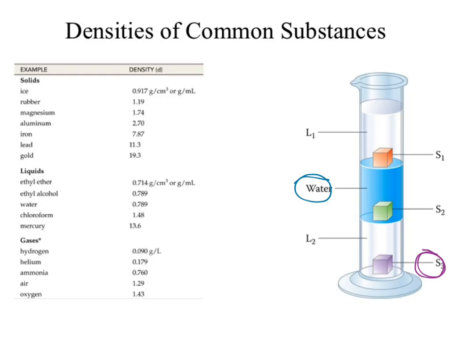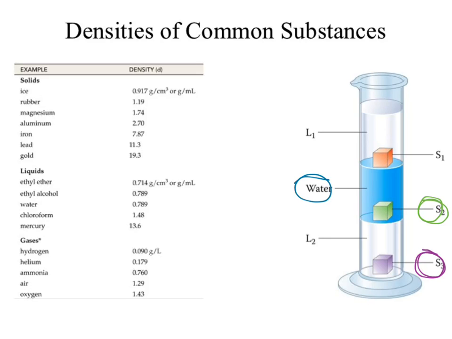How about S2? More dense. It's still more dense. How do you know it's more dense? Because technically it's at the bottom of the water layer. But it's less dense than L2. Okay? S2 is less dense than L2 because it's sitting on top of it.